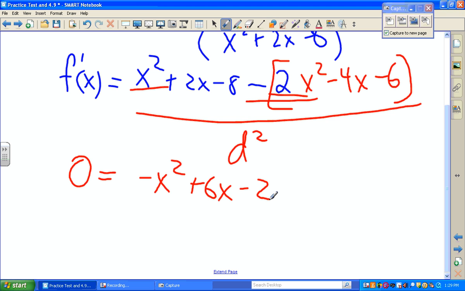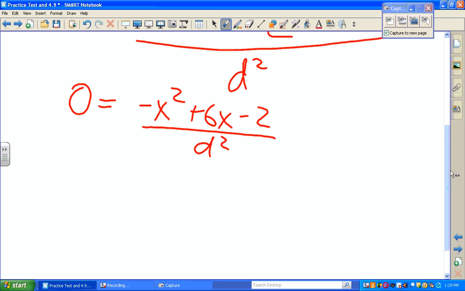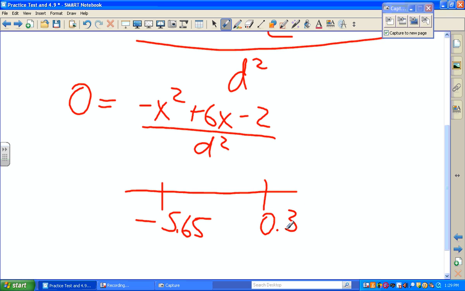Now, this is the derivative. I mean, it's still over the denominator squared. So, if I go to quadratic, what are the solutions that are yielded? Negative what? And 0 point what? 35.